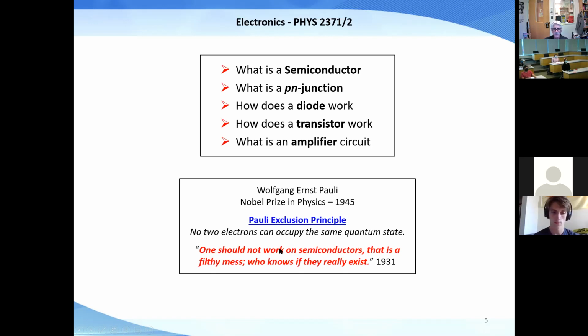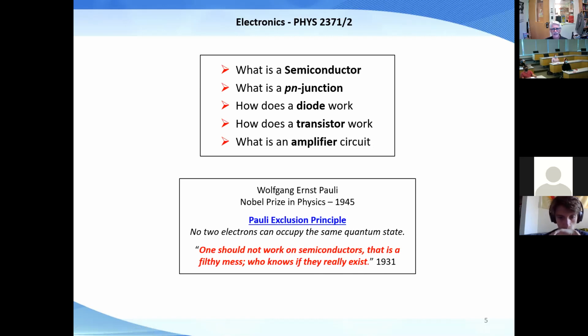And this is a quote that I found on the web. "One should not work on semiconductors. That is a filthy mess. Who knows if they really exist?" Okay. We would still be in the dark ages of electronics and basically of communications without semiconductor electronics. It's really hard to tell what's in the future.